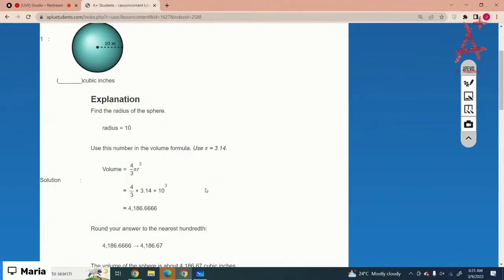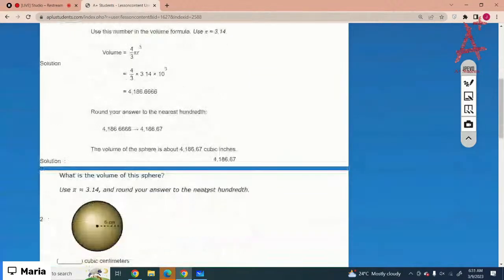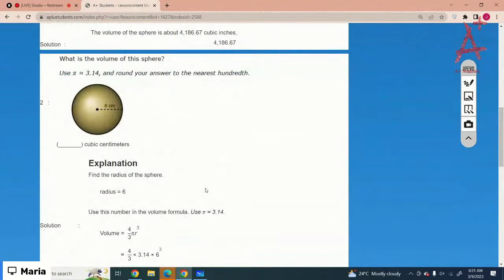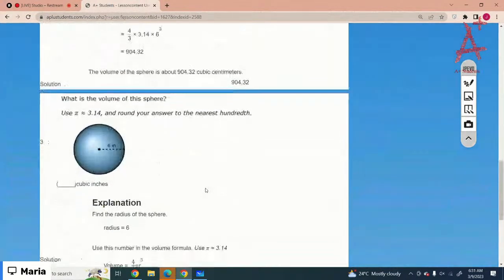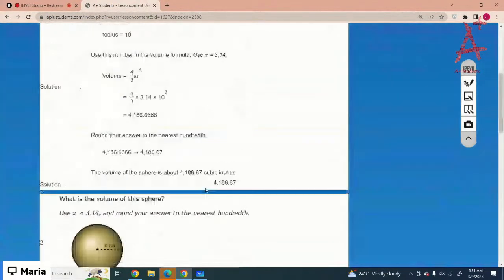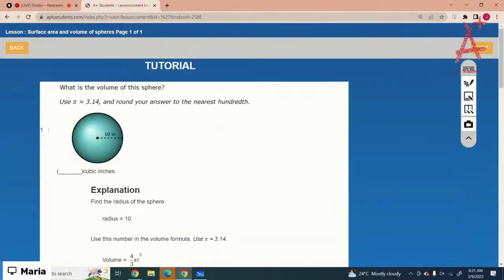Got it? Again, you have the sphere, V equals 4 by 3 pi r cube. Let's just start with the practice questions.